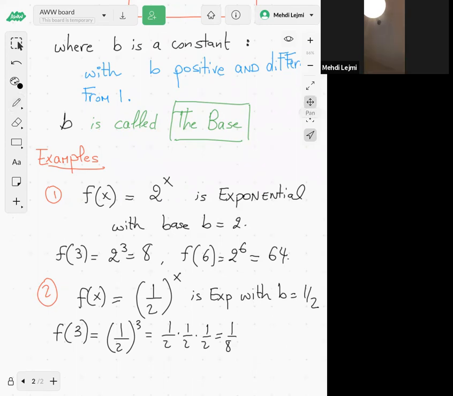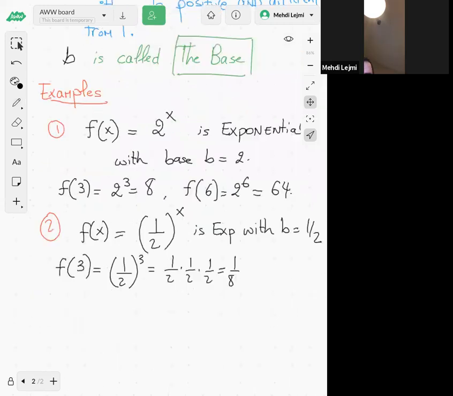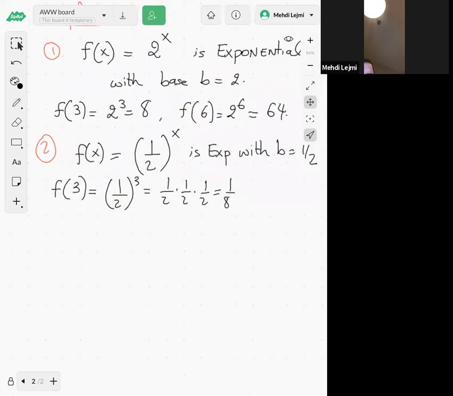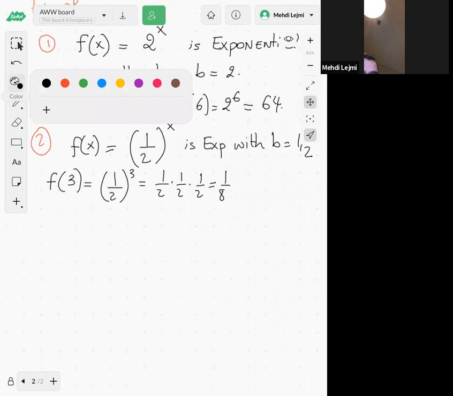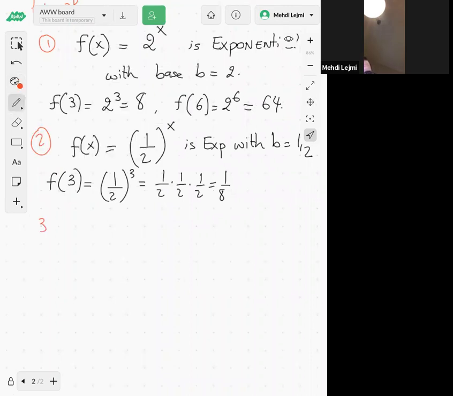Your base b could be a fraction. It could be a decimal, of course. So example number 3: f of x equal to, for example, the square root of 2 to the power x.